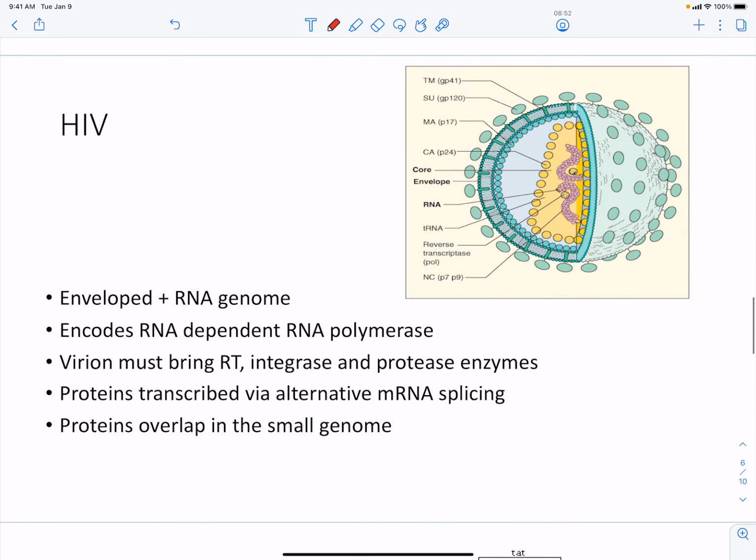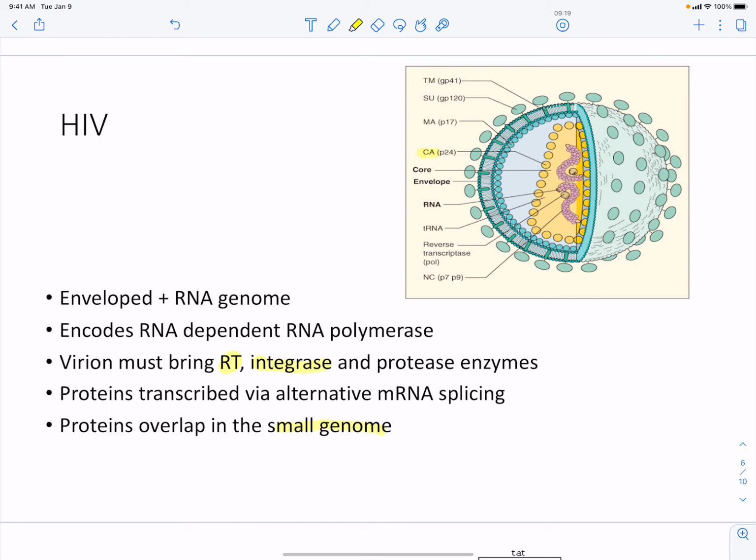Now, HIV is a positive RNA genome. It's going to have its own RNA-dependent RNA polymerase as well as reverse transcriptase. It's going to have integrase, which allows it to integrate into our genome. And you're going to have all these fancy proteins shown here in a very small genome, and they do this by overlapping, which I'll show in just a moment.